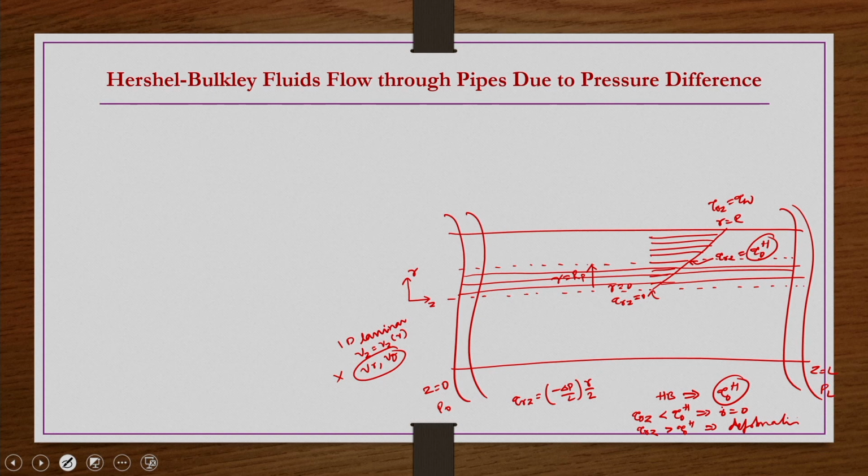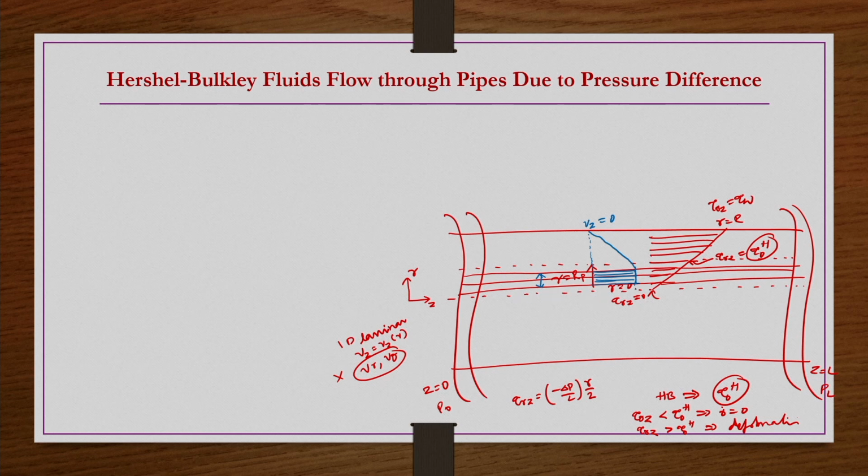If you draw the velocity profile for this fluid, it will have a solid plug like motion up to r equals Rp, and after that the velocity gradually decreases and reaches a value of 0 at r equals capital R. If it did not have any viscoplastic behavior, the material would have the maximum velocity at r equals 0 only.